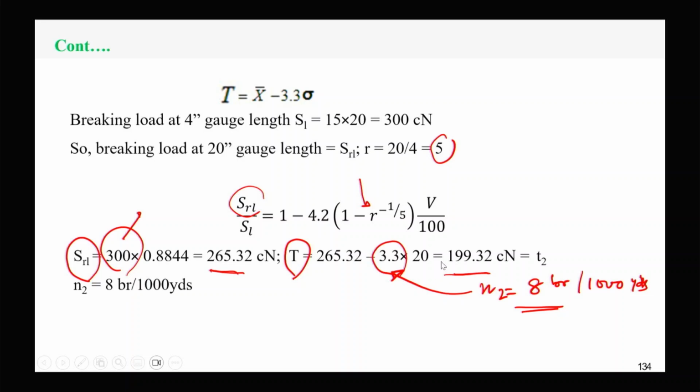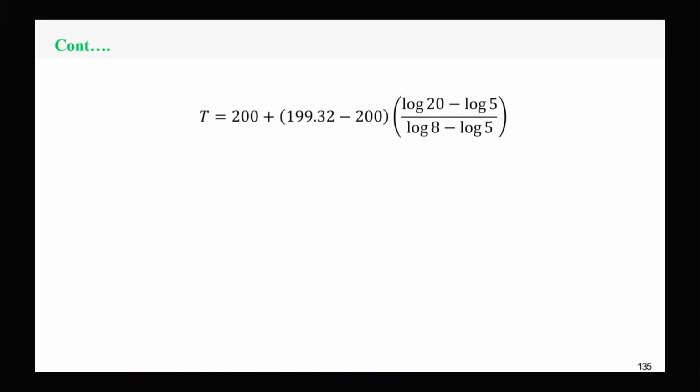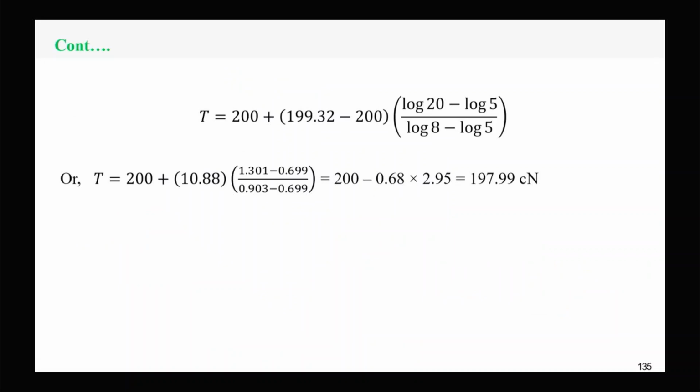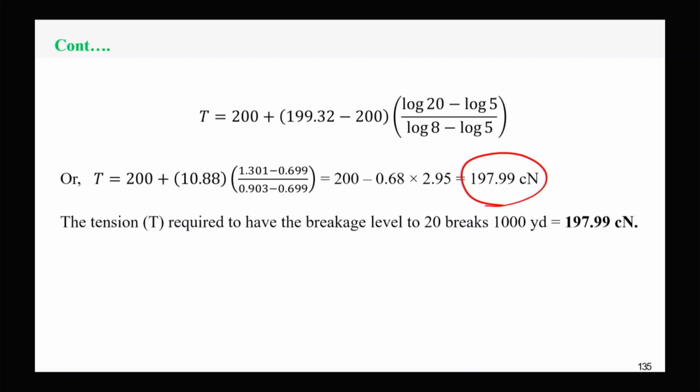So N2 is known. So from this equation, we will be able to calculate the tension required. So tension required will be 197.99 cN. Okay. So to have 20 breaks per 1000 yards, it will be 197.99.